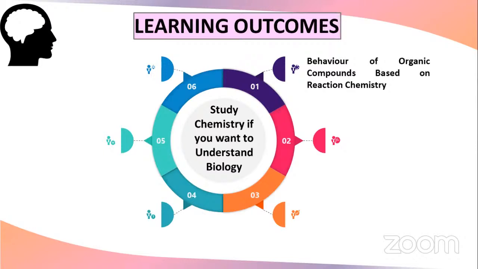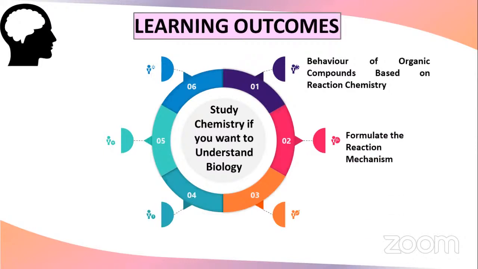Here we will be talking about the behavior of organic compounds, studied based on reaction chemistry. We will be studying very simple chemical reactions of the oxygen containing functional groups like alcohols, phenols, aldehydes, ketones, and carboxylic acids.